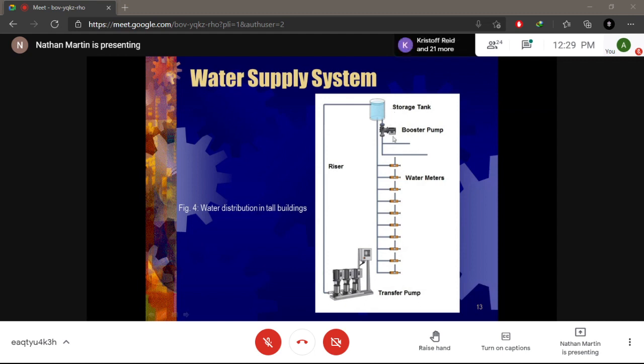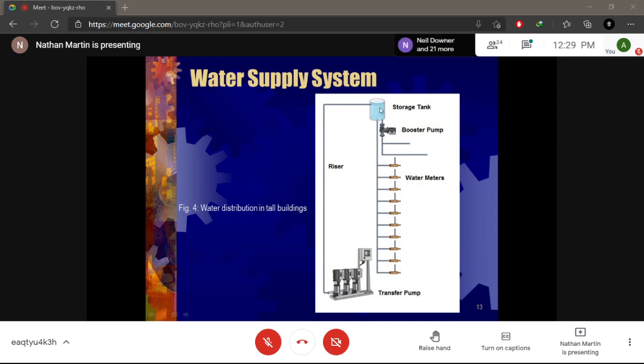Now, the disadvantage of having this as only a storage. So this is a utilization storage, meaning there is no pipe carrying water from your transfer pump directly to your meters. Rather, we have the water being transferred to a storage tank and then to the meter.